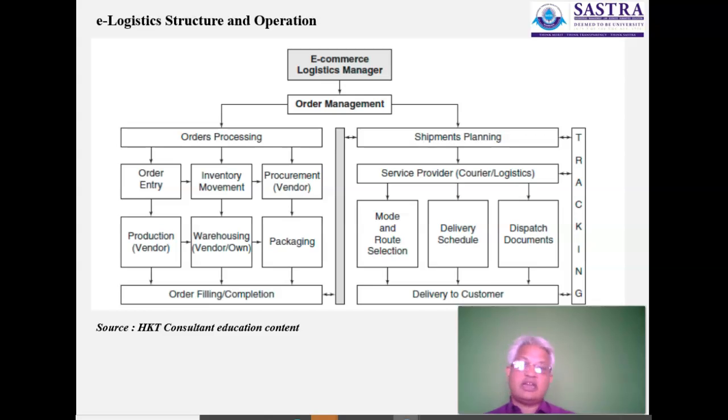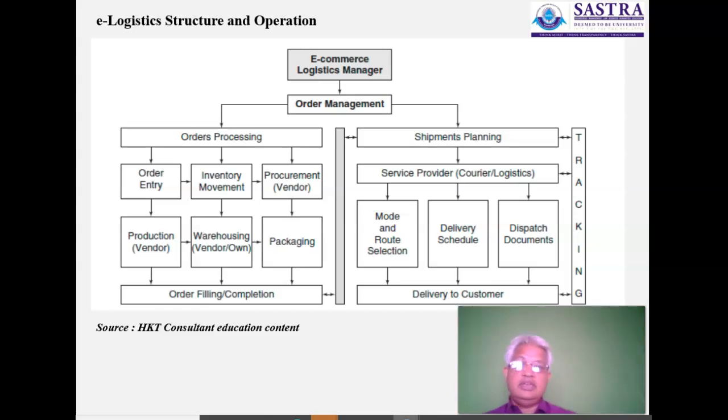That means here the company has purchased finished goods once it received an order. You can understand it better when we talk about various models in e-commerce. So the goods are procured from an outsider and packaged, and order filling and completion is carried out.